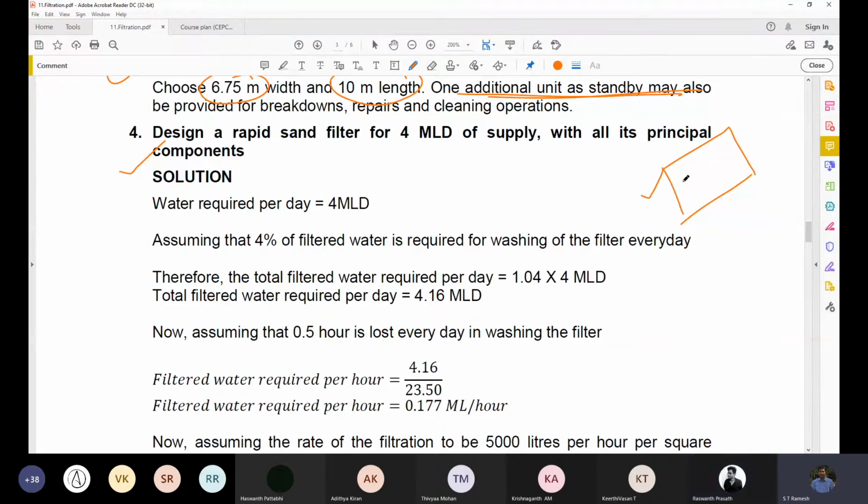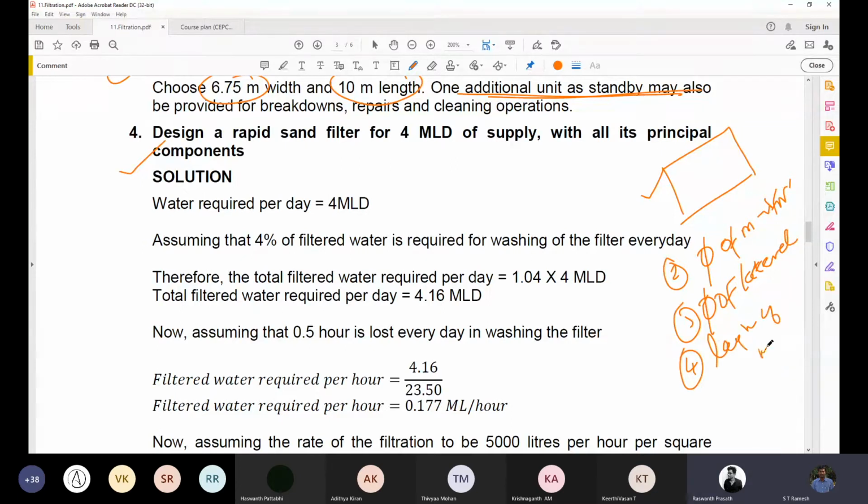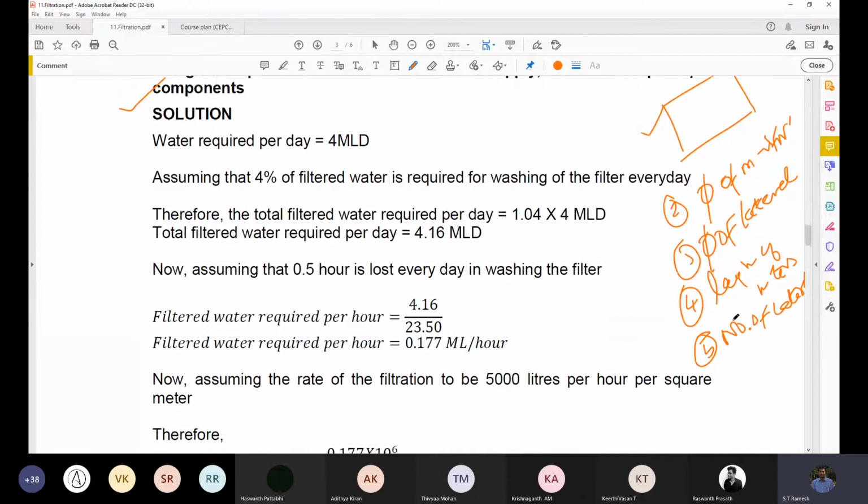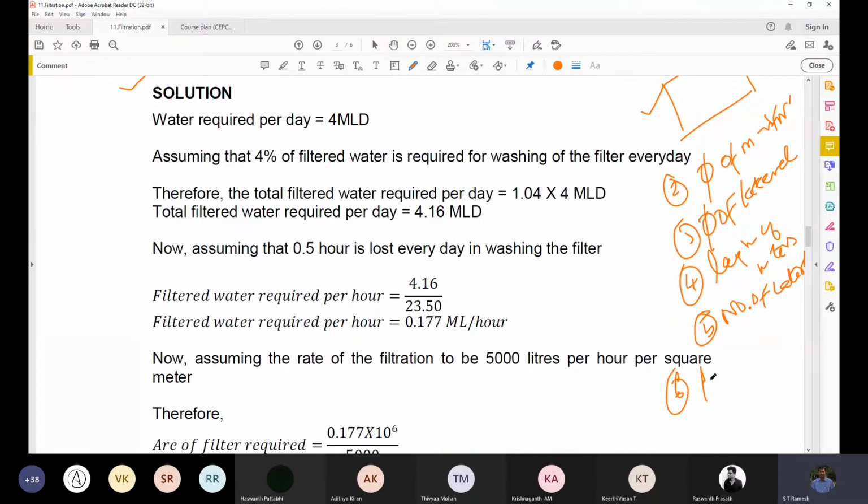Number one, size of the filter; then you have to find the diameter of manifold; third, diameter of lateral; fourth, length of laterals; fifth, number of laterals; sixth, perforations in the laterals; and seventh, the wash water trough.